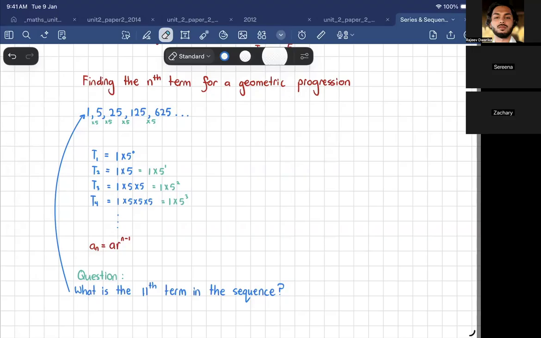So it's going to be a big number, right? Of course, if you have a big number, wow, that is a big number.